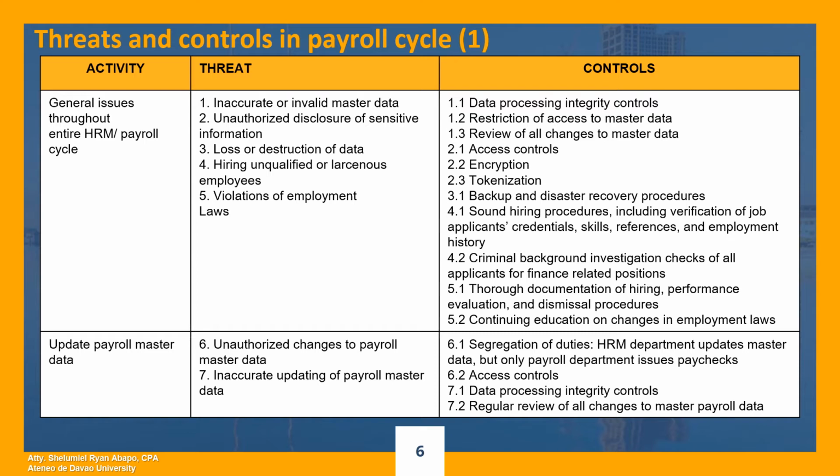To control or mitigate this particular problem, carefully document all actions relating to advertising for, recruiting, and hiring new employees, and to the dismissal of your employees. Under the labor code, employees can only be dismissed under just and authorized causes.